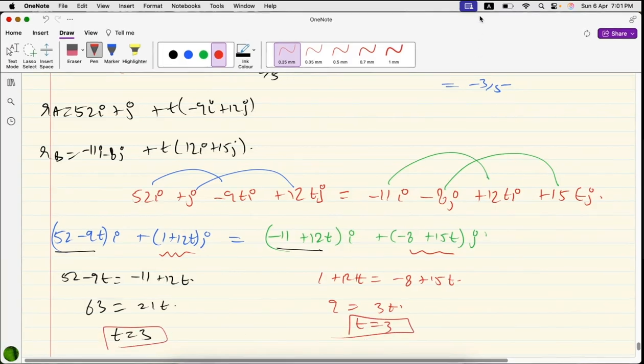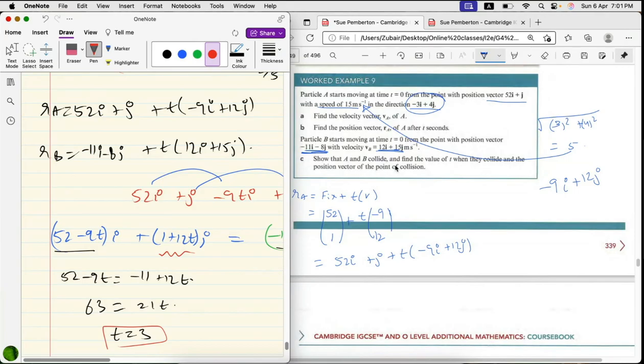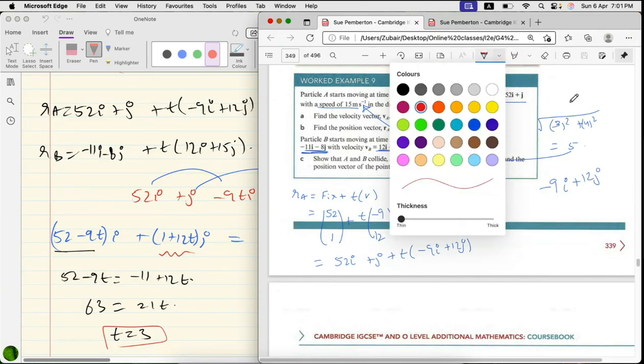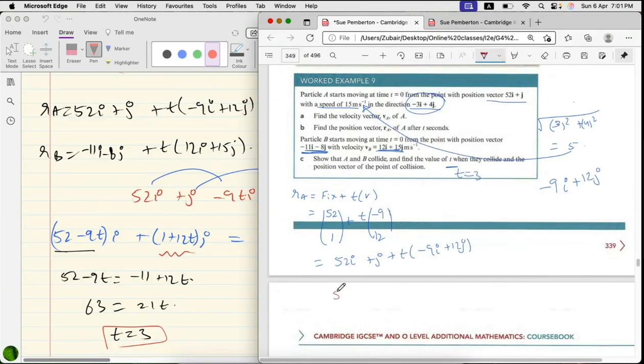What were the two requirements? Show that A and B collide and find the value of t. t is 3. And the position vector of the point of collision. We know t, so we can substitute t in any of the equations. Using this one, that's 52i, and when t is 3, 3 into 9 is minus 27i, plus j and 3 times 12 is 36j.